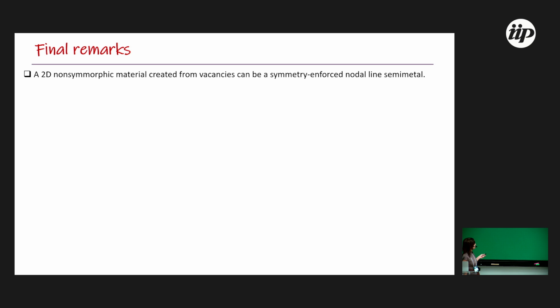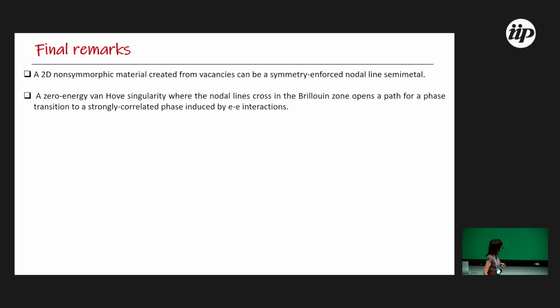And this can be done using vacancy engineering in a two-dimensional, even monatomic structure. And that this kind of material will host Van Hove singularities at 0 energy that will tell you that you have a very good chance to develop a strongly correlated phase with interactions, and that's the question that we wanted to explore.